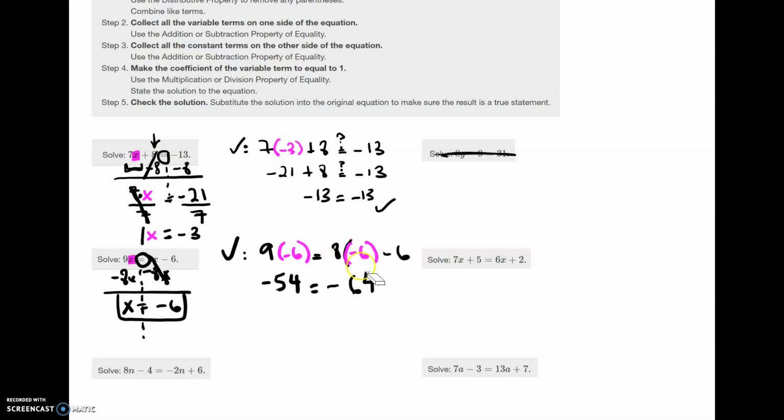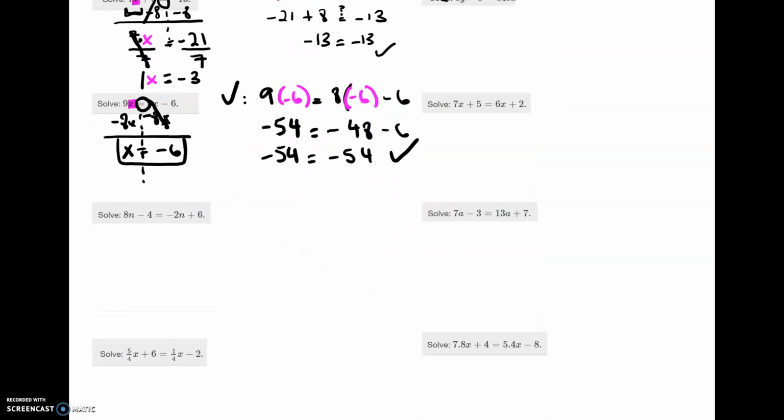I'm sorry, not 64, 48. And then we're subtracting 6 from that. So now negative 54, we go ahead and do negative 48 minus 6, which is indeed negative 54. So we are correct. We did this problem right.